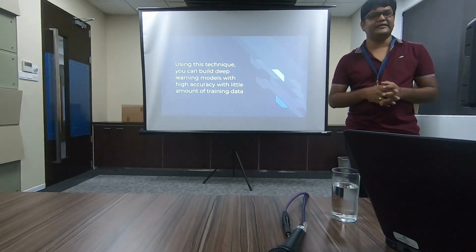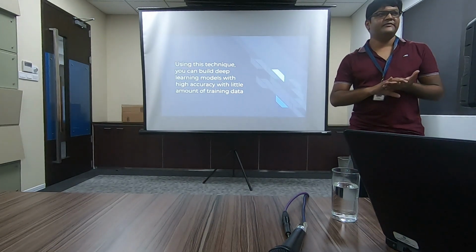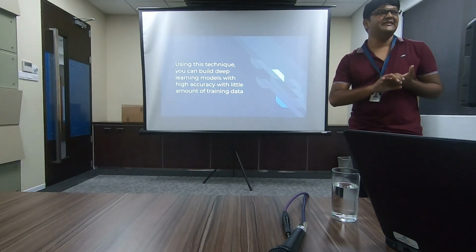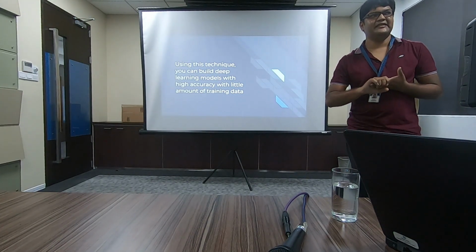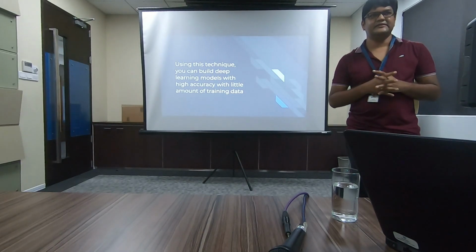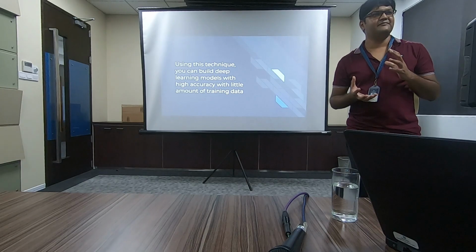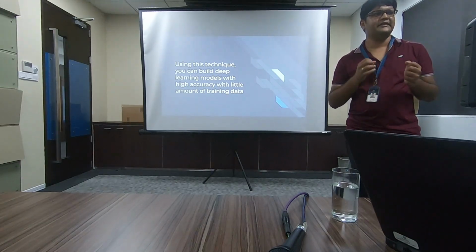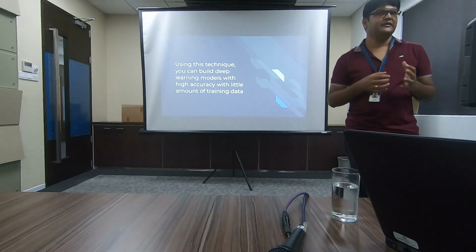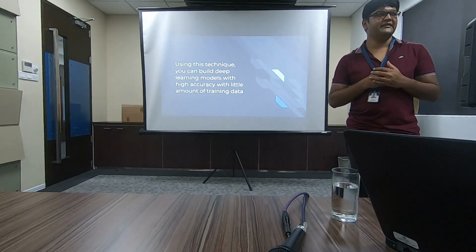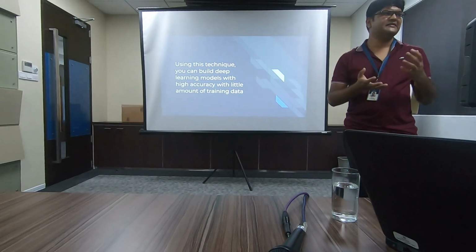In my examples, I have even started with just 20 images and still got pretty decent accuracy. So using this technique, I think everyone can start building their AI products, integrating or implementing AI into their products as well.